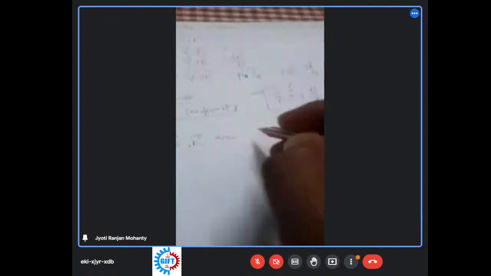So today we will discuss another case: how E, B, K are mutually orthogonal. Orthogonal means that is also perpendicular.